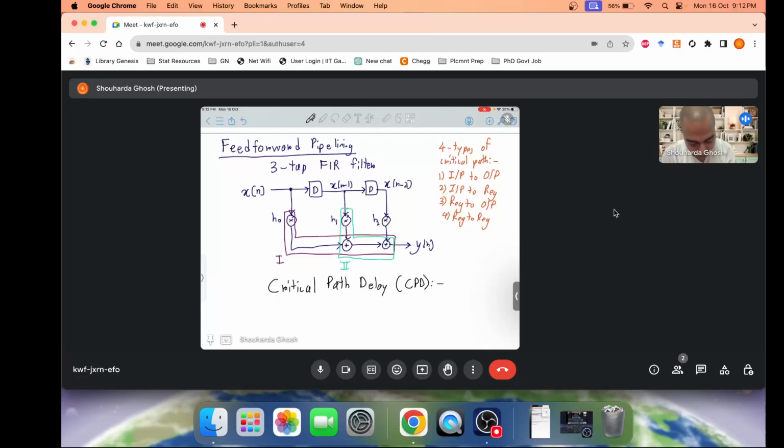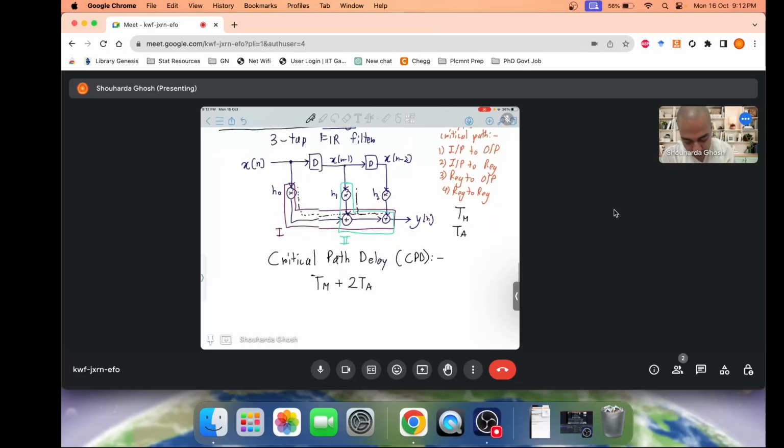So the time taken for a multiplier to complete its multiplication is, let's say, Tm, and the same for an adder is Ta. Okay, the CPD, if I look at it, first you need to go through the multiplier completely, so it's Tm, and then the first adder and then the second adder, so 2Ta.